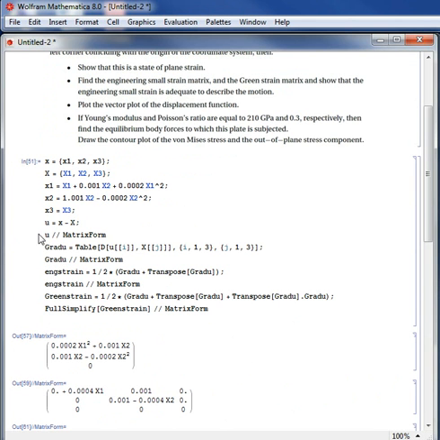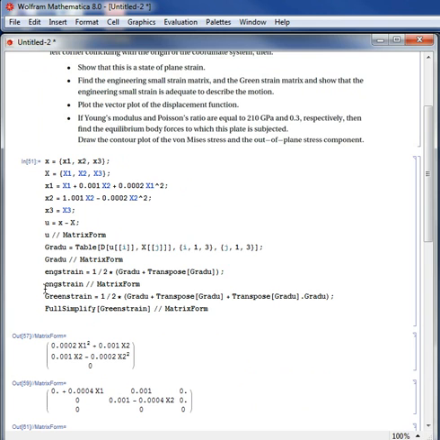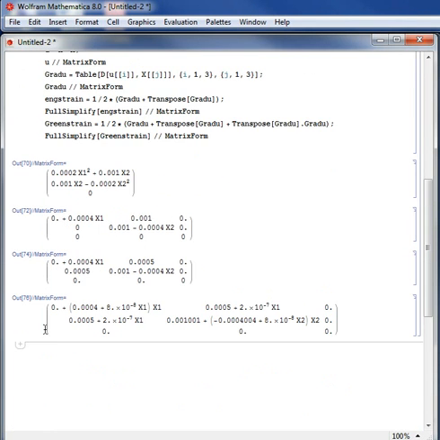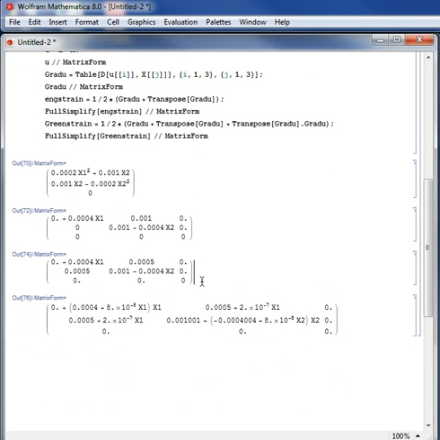Okay, so here we calculated the engineering small strain and the Green strain matrix, and we need to show that the small strain is adequate to describe the motion. If you compare the numbers, let's FullSimplify the engineering strain as well. This is the small strain and this is the Green strain.